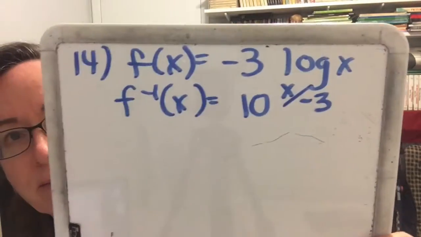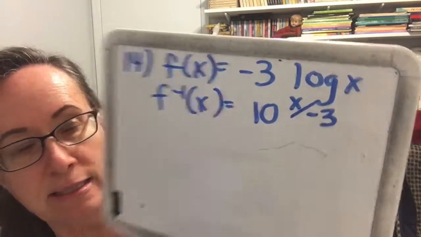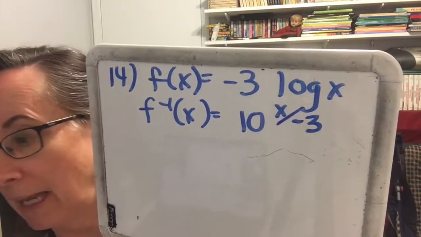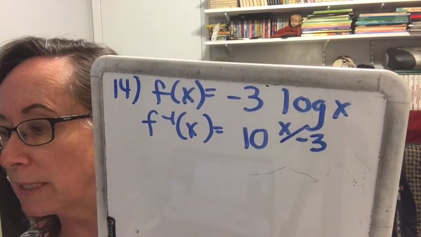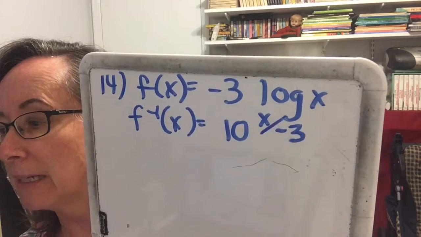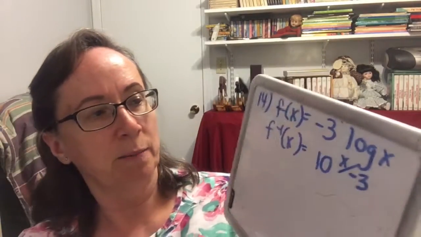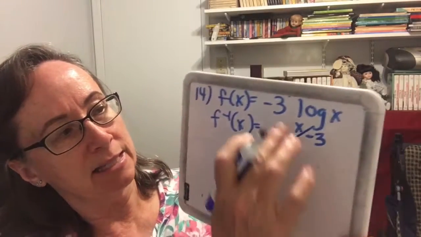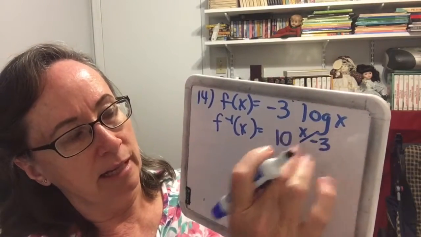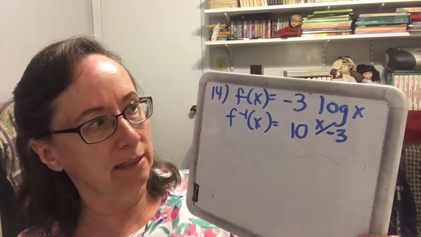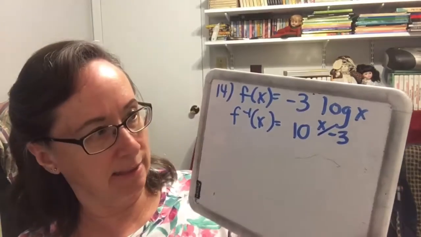Okay, so now let's look at the next one, number 14. We have negative 3 log of x, and then we have 10 to the x divided by negative 3. Let's look at what's going on here. This logarithm has a negative 3, so it's going to be reflected across the x-axis.